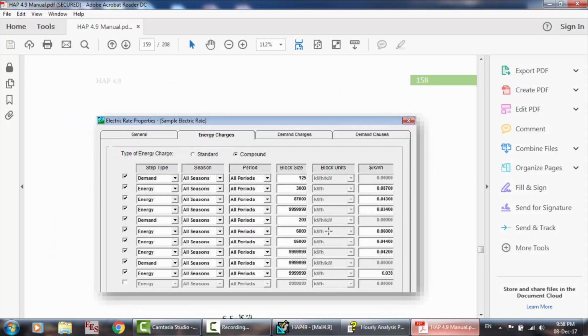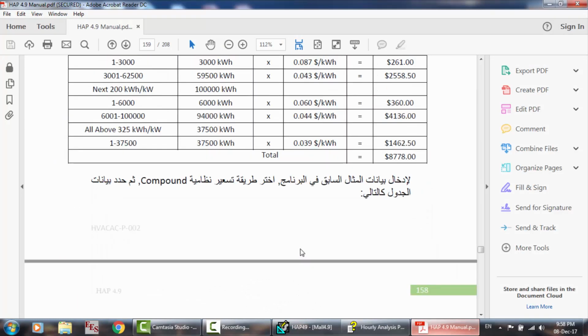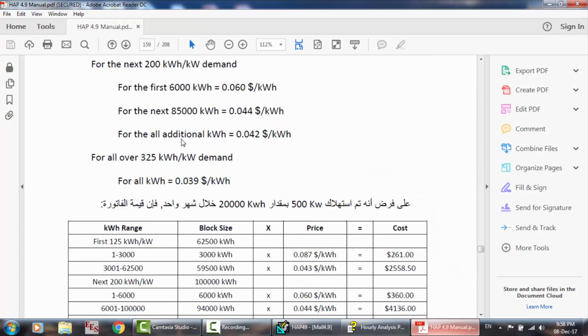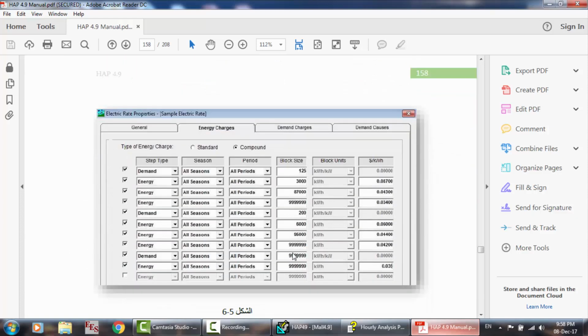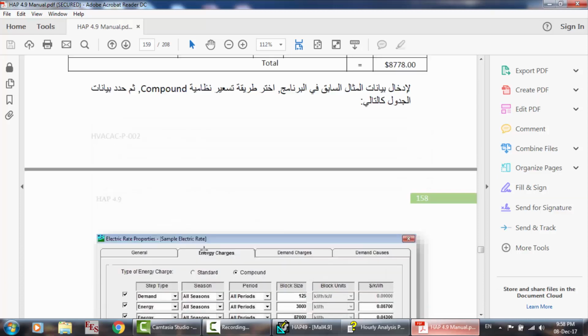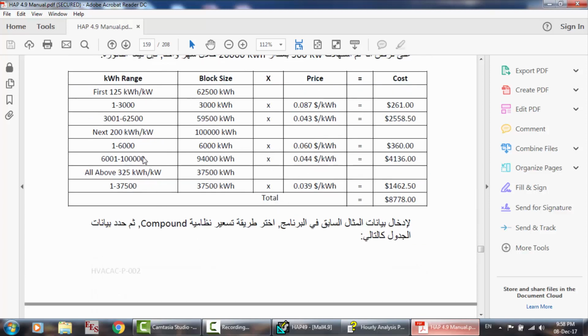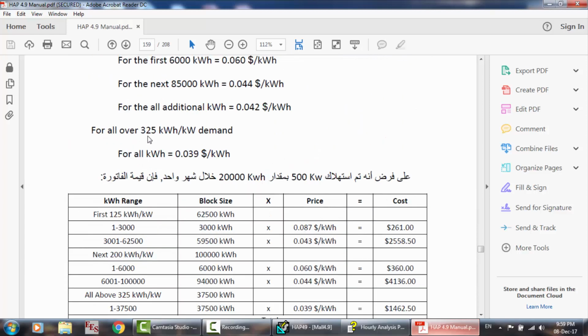Then for all additional kilowatt hour, another price, so you have to put 9999 as the energy.